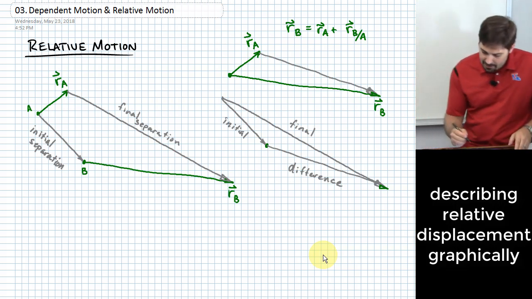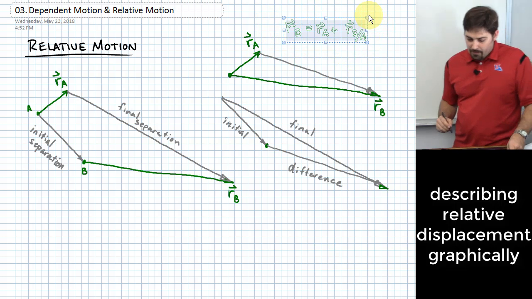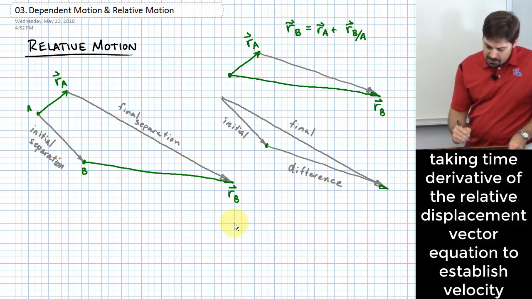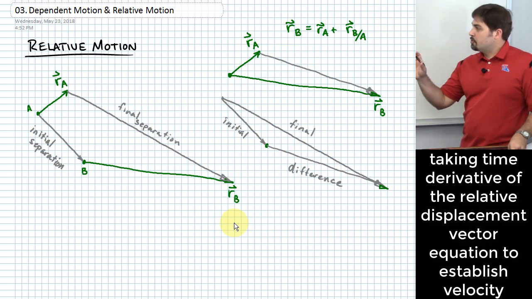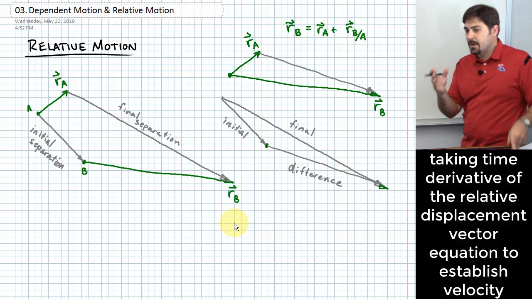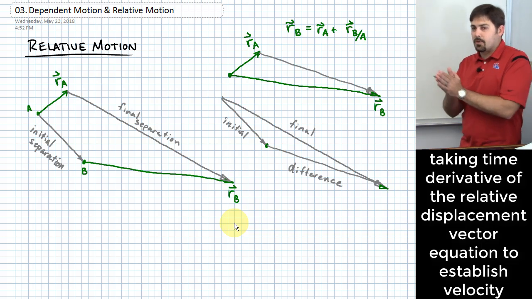This is a very useful formula, this one right here. At least for the first part of this course, we're going to assume that the coordinate system attached to any of these particles is not rotating.